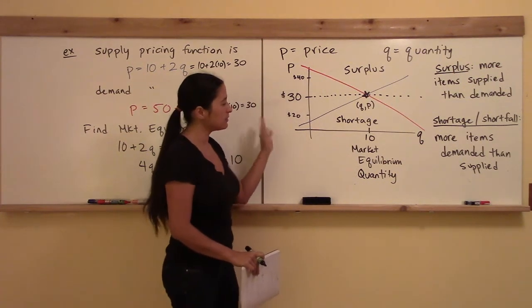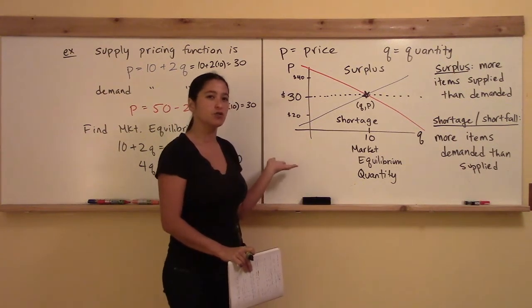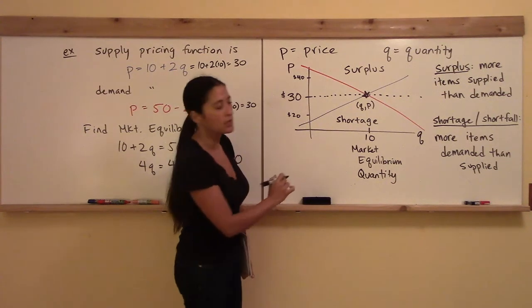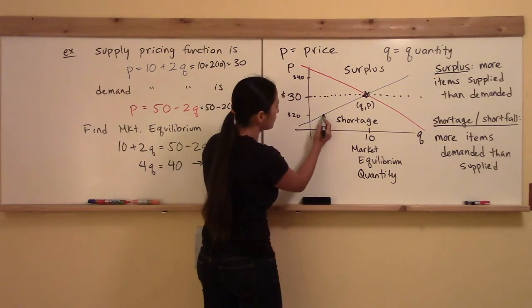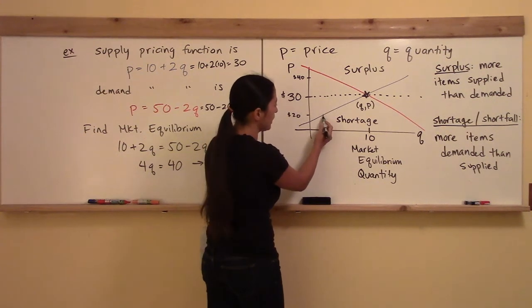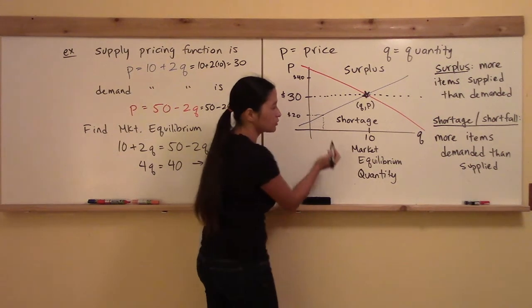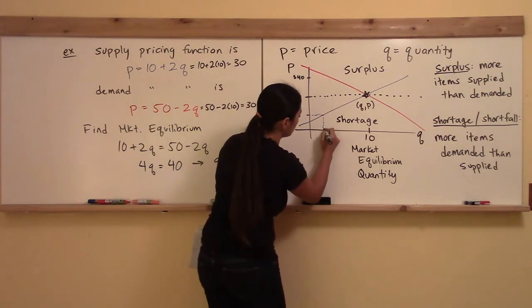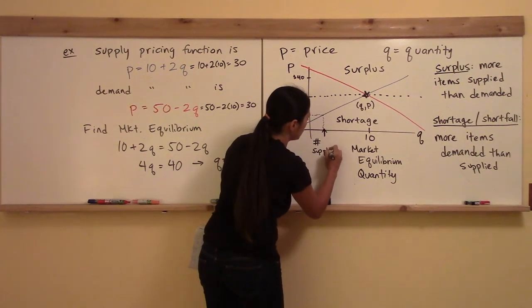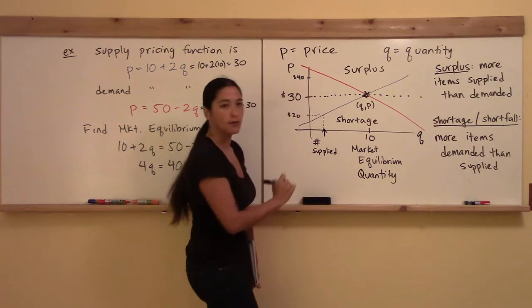You have to think about this a little bit backwards from how you usually think. When you fix a price, let's do the price of 20, remember blue is for supply here. You see what price you have and then go down to the Q, the quantity axis, and that is the number supplied because I used the blue line to go down.